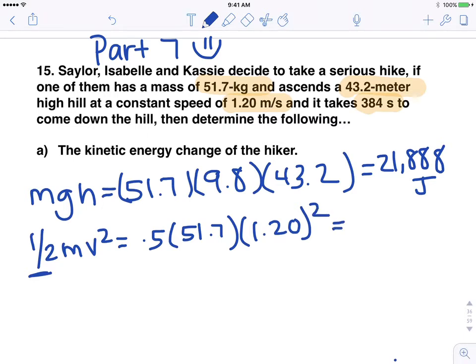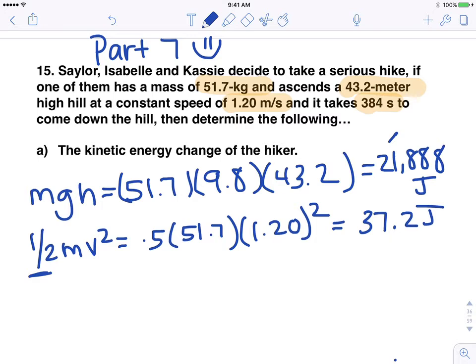I've already done the work, and the total I come up with is 37.2 joules. So you can tell right off the bat that your kinetic energy is a lot less than our gravitational potential energy. If you don't account for any of the dispersed energy, that's your value. But if you were to add dispersed energy into it, it would equal 21,888.